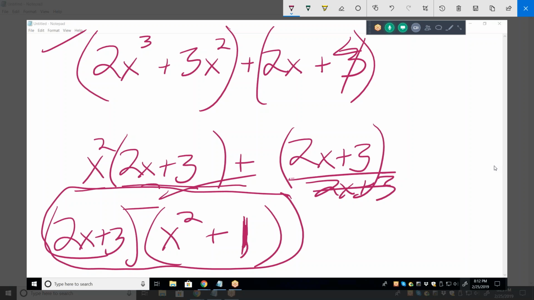Because now the ratios are 2 to 3 over here and 2 to 4 over here. They're not the same. They have to be identical for you to be able to use grouping. So the only way that they're going to give you a cubic problem is if you can use grouping.